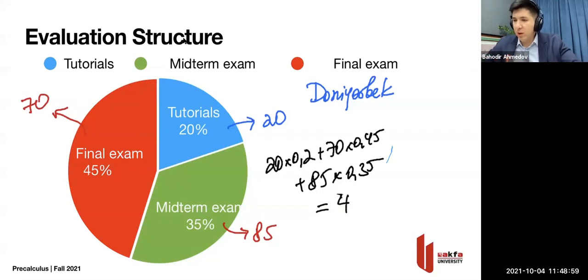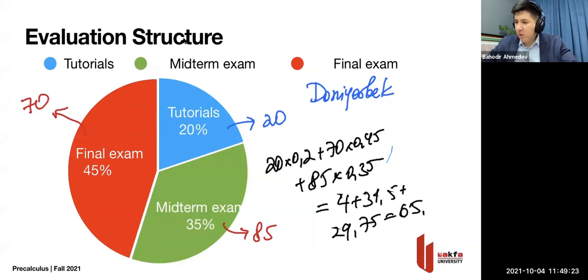It's going to be 4 plus 31.5 plus 29.75, which is 65.25.